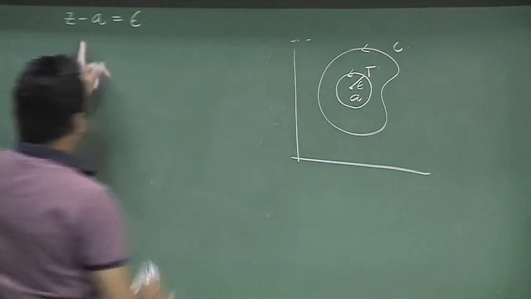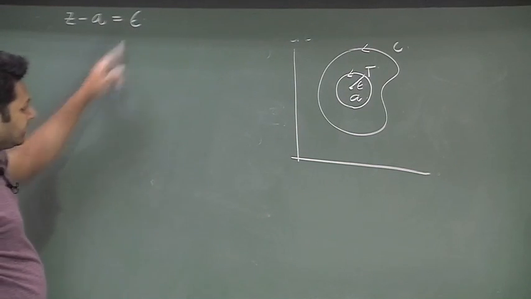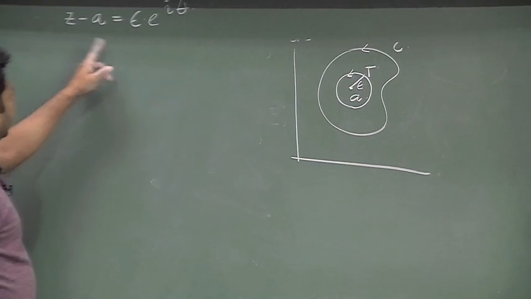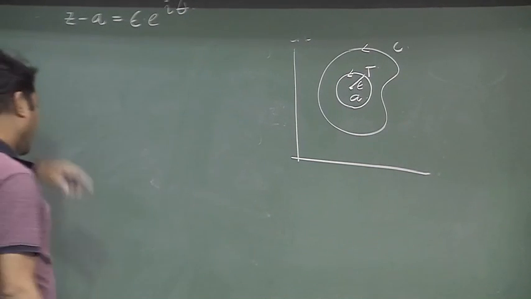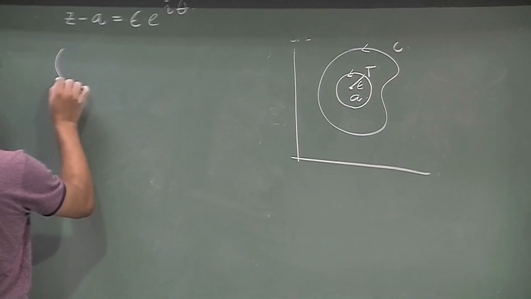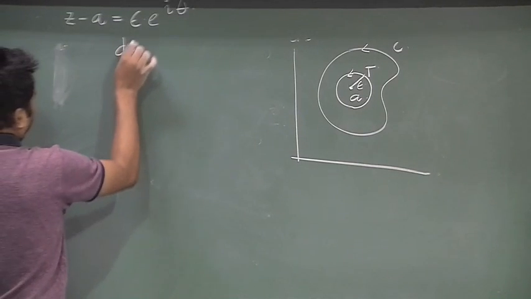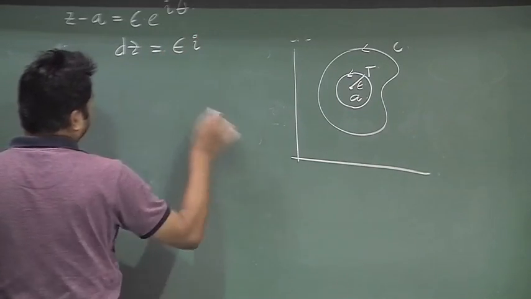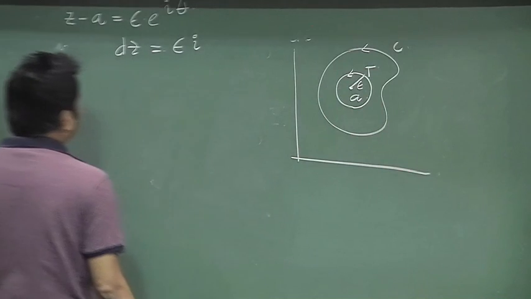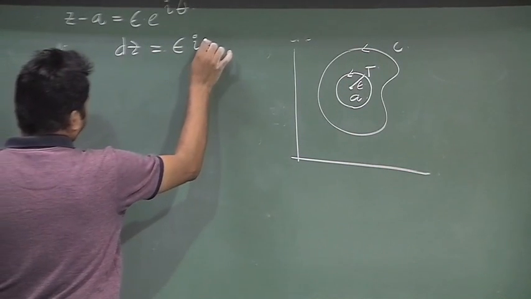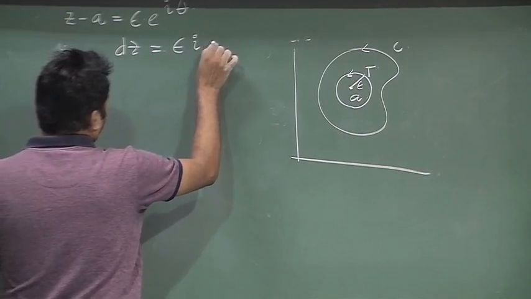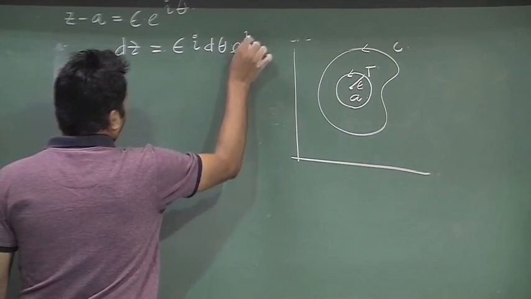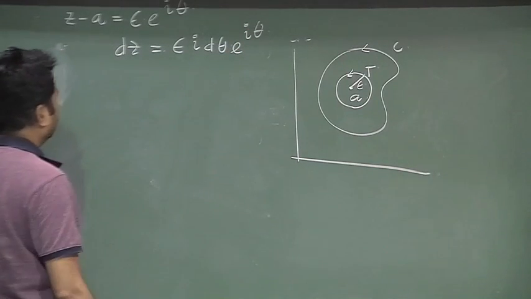As we did earlier in one problem, z minus a is epsilon e to the power i theta. So what is dz? Epsilon is a constant, so I should not change epsilon; dz is epsilon i d theta e to the power i theta.